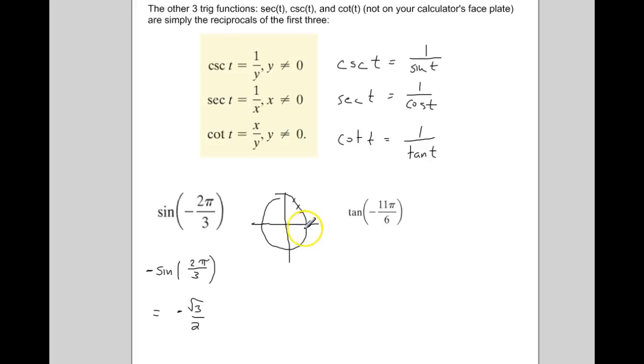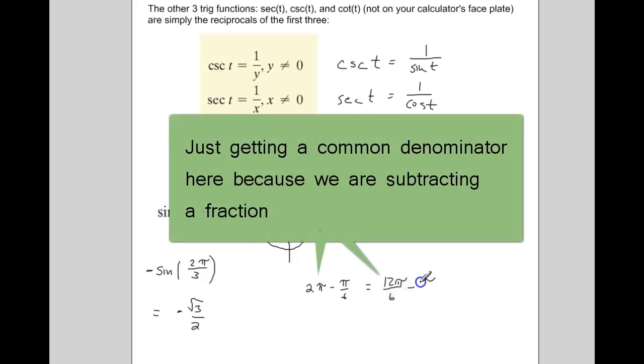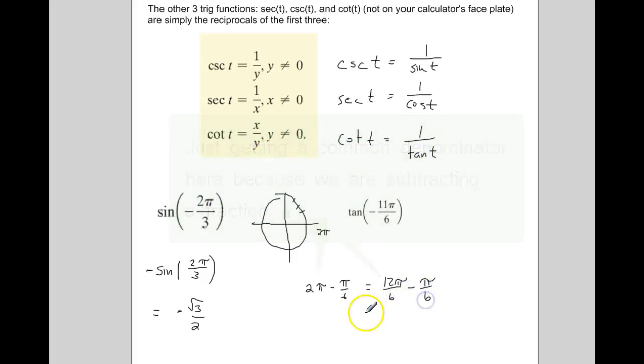If you remember, all the way around one trip was 2 pi, and remember that rotating up was pi over 6. So 2 pi minus pi over 6, that's 12 pi over 6. Remember, 2 pi is the same thing as 12 pi over 6, minus pi over 6, which is 11 pi over 6.